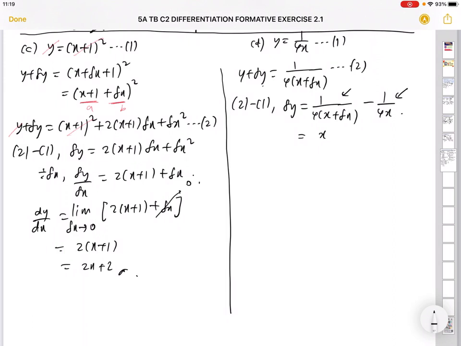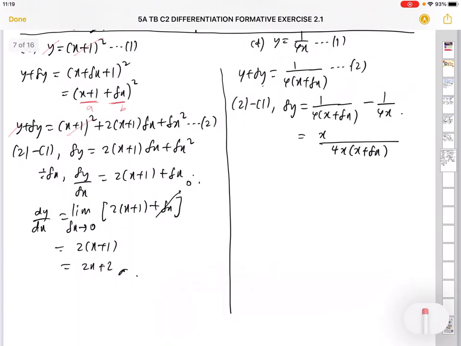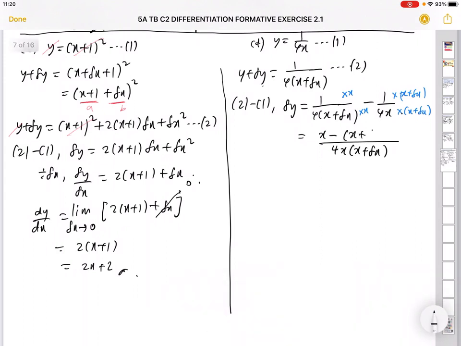So what I don't have on the left, I need to multiply by x, and what I don't have on the right, I need to multiply by x plus delta x. When I do that, I get x and negative bracket x plus delta x. When you open up the bracket, x minus x disappears, and you're left with negative delta x over 4x(x plus delta x).